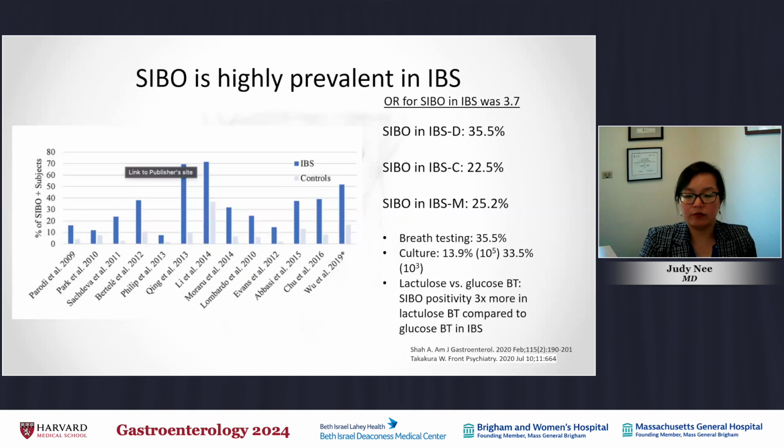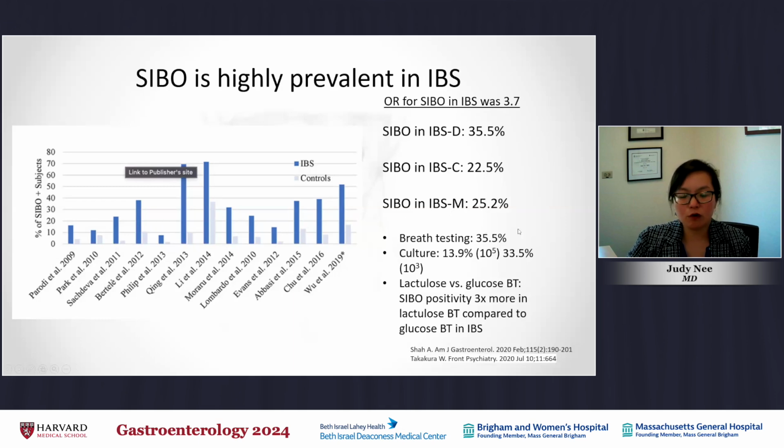SIBO is highly prevalent in IBS. This was the most recent meta-analysis, done in 2020, showing that by their differing criteria, SIBO has an elevated odds ratio in IBS of 3.7, and that IBS-diarrhea has a prevalence of SIBO of about 35%, IBS-C 22%, and IBS-M 25%.